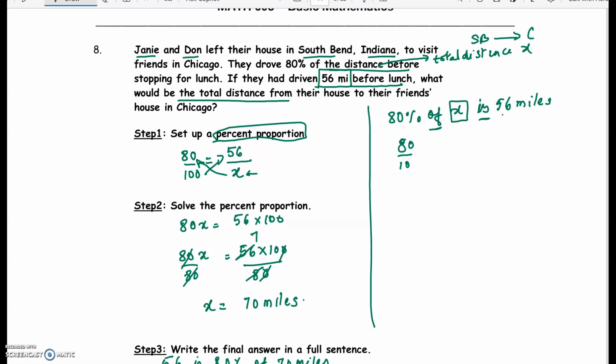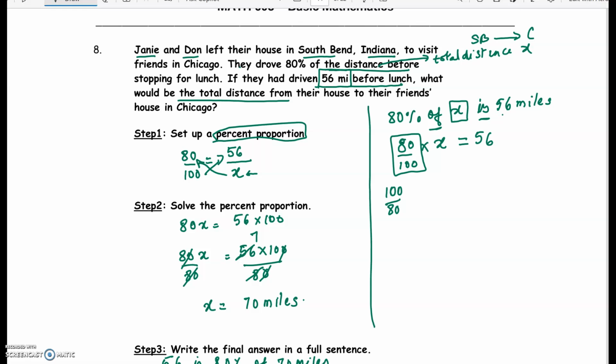80 over 100 of, so times, x is 56. How do I get rid of a fraction on the left? It's the same as dividing both sides with 80 over 100. It's multiplying by the reciprocal.